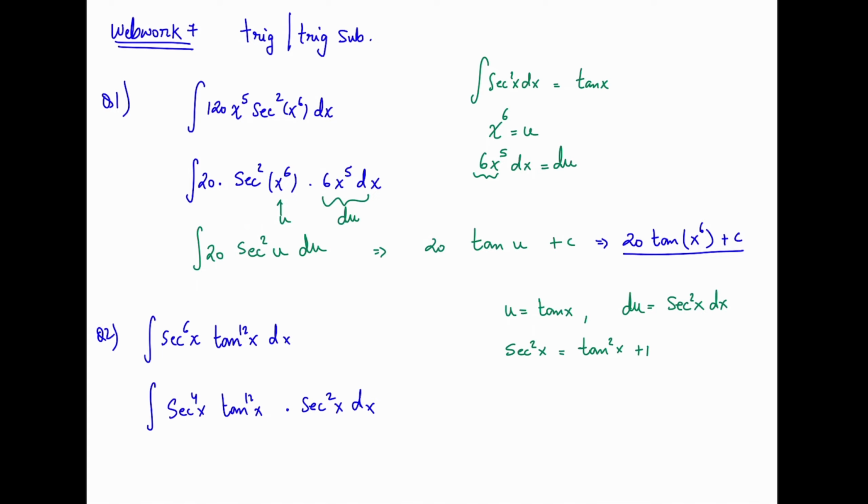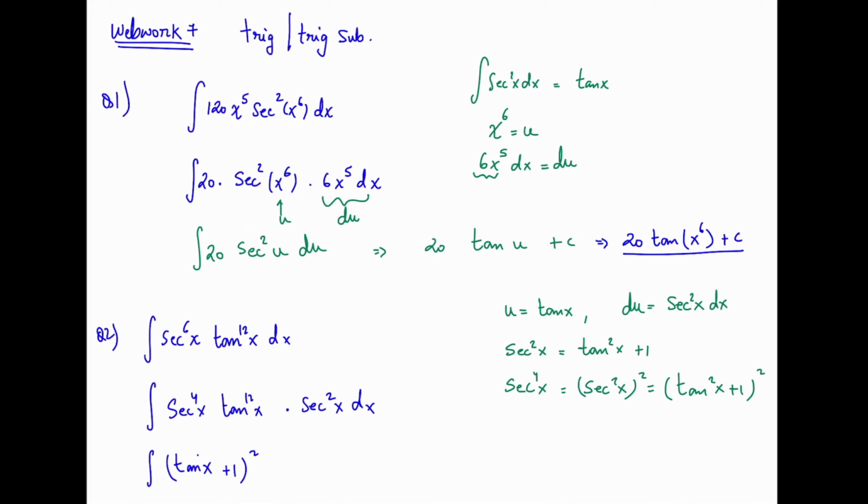Because of this identity, I can write secant to the power of 4 x as secant squared x, whole squared, which is tan squared x plus 1, whole squared. So now my integral only has tans in it, because that's the whole motive of the substitution.